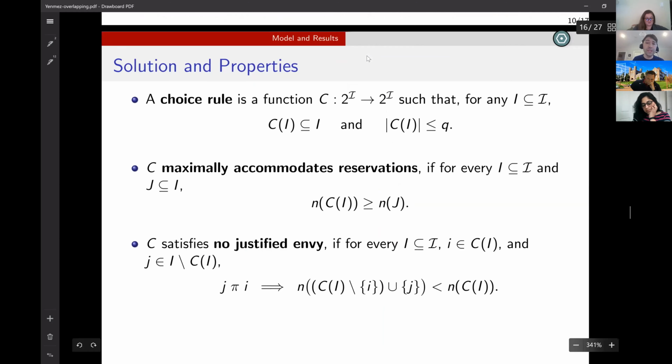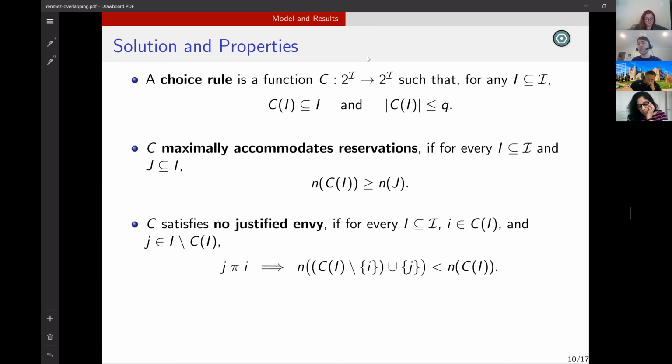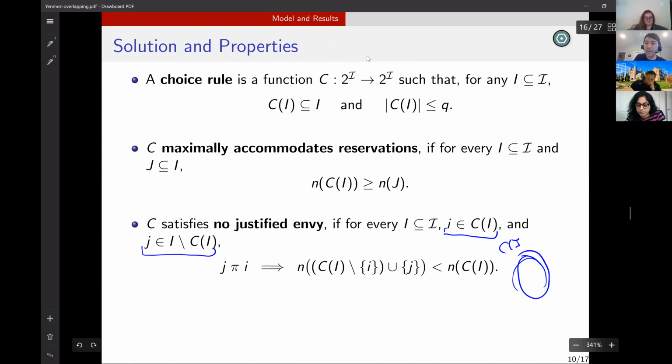Okay. The second one is called no justified envy. Suppose an individual i is chosen from a set I and j is rejected. So this is the chosen set. And i is chosen, so i is in the set and j is outside. Now let's suppose that j has a higher merit score than i.